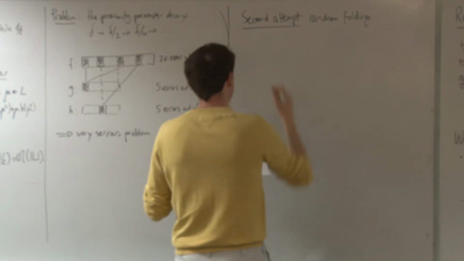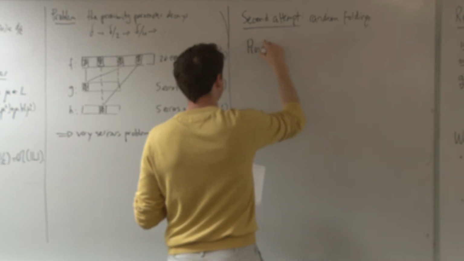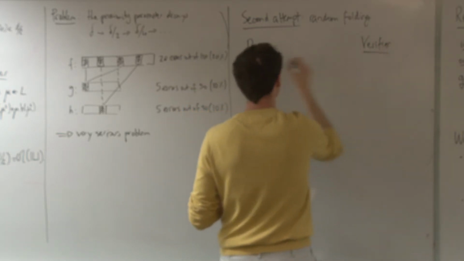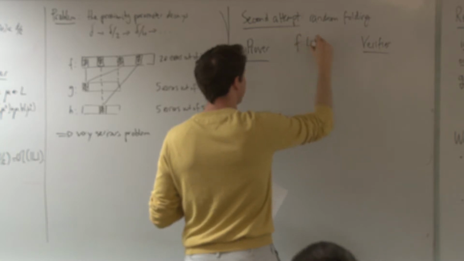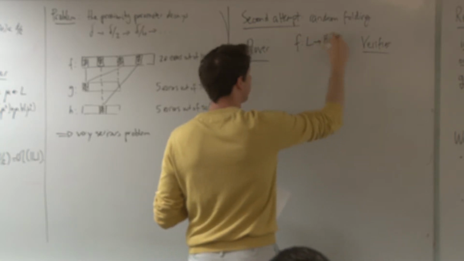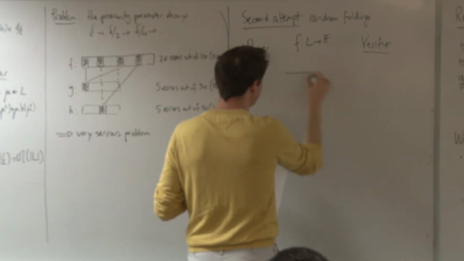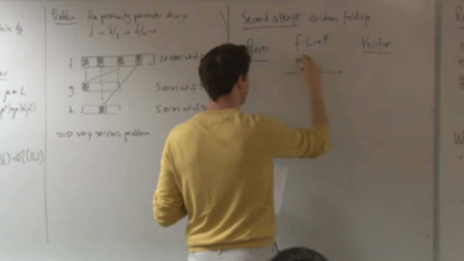The idea is as follows. So we again have the prover. Here's the verifier. They share the function f. As before, the prover is going to send a G and H.